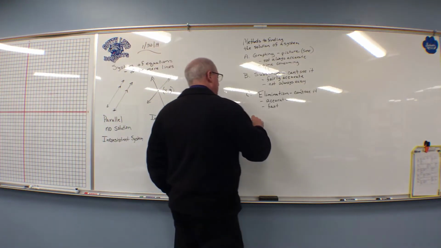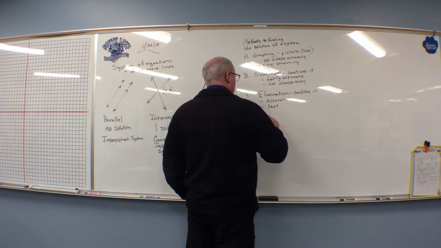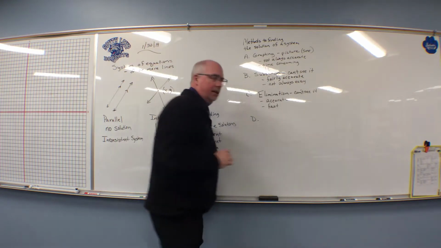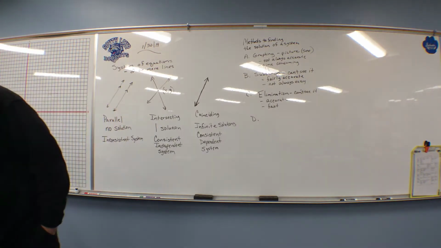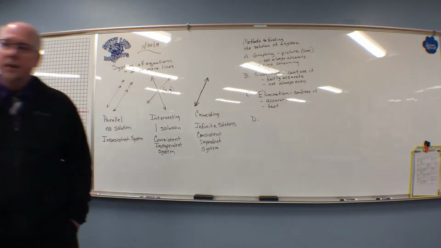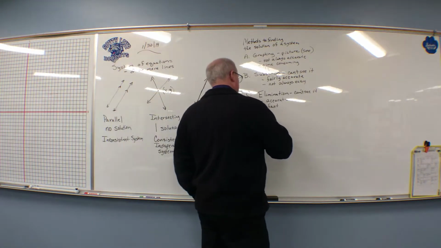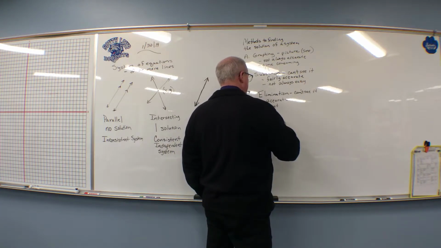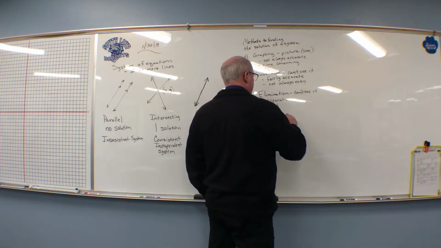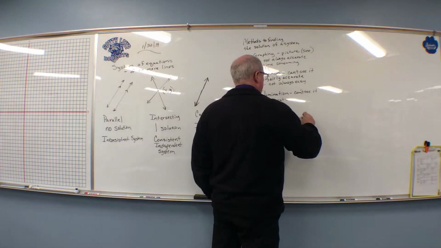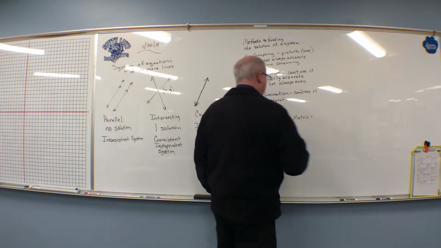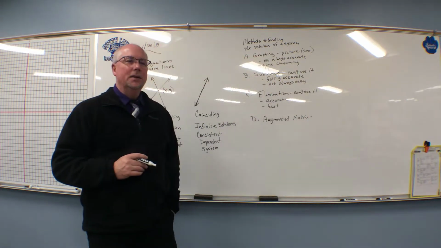Okay, the last is, how did I say that? Matrix. I'm gonna say it the same way every time. Augmented matrix. Okay. Well, I'm just gonna be honest with you.